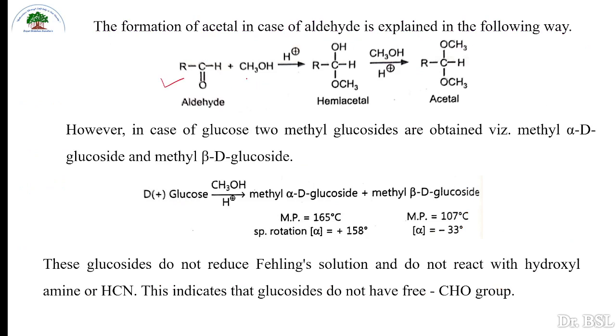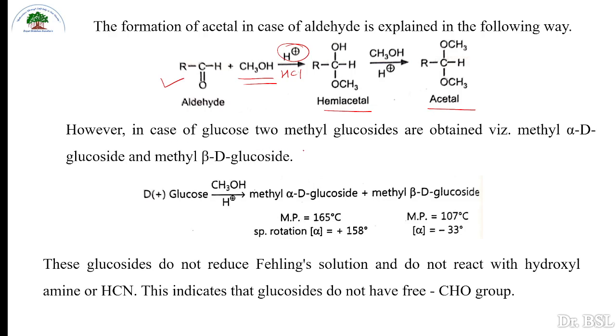This aldehyde, when reacted with methanol in the presence of acid HCl, also represented as H plus, gives a hemiacetal. Further, the same reaction proceeds to the acetal.